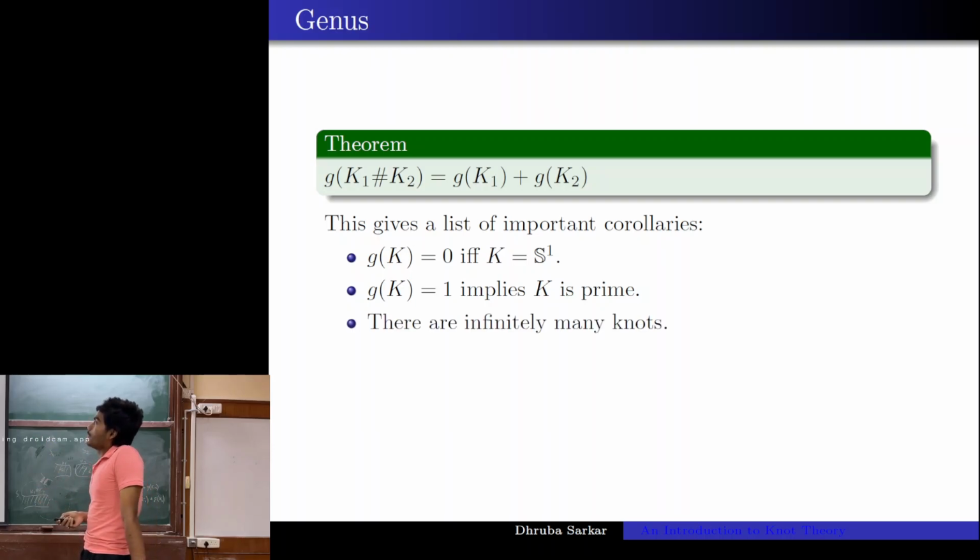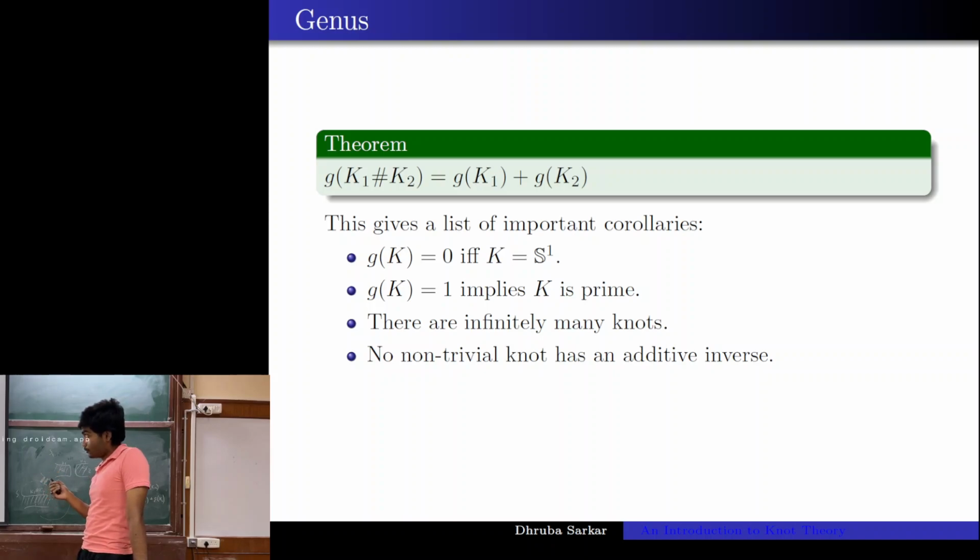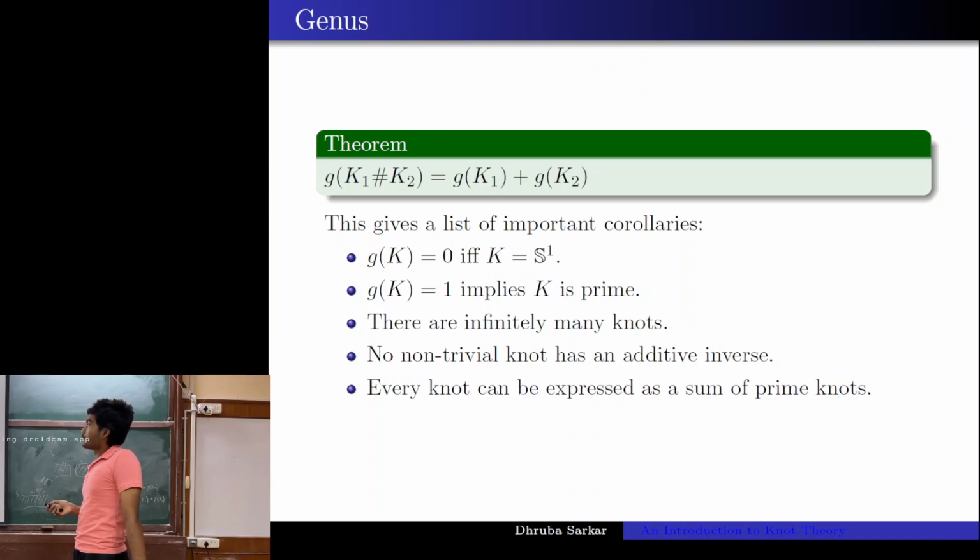And this also shows that there are infinitely many knots, because obviously you have a knot whose genus is at least 1, and you can just compose the knot with itself to get more and more knots, and the genus will keep on increasing. So there are infinitely many knots. And then this also shows that no non-trivial knot has an additive inverse. That is, you cannot compose two knots to get back your circle or your unknot. And this also shows that every knot can be expressed as a sum of prime knots. We won't see it in this talk, but it's also true that every knot can be uniquely expressed as a sum of prime knots.